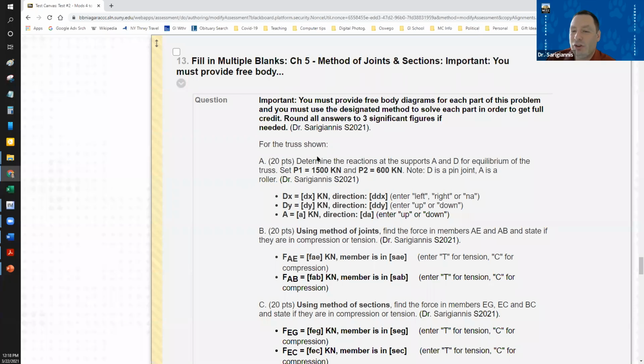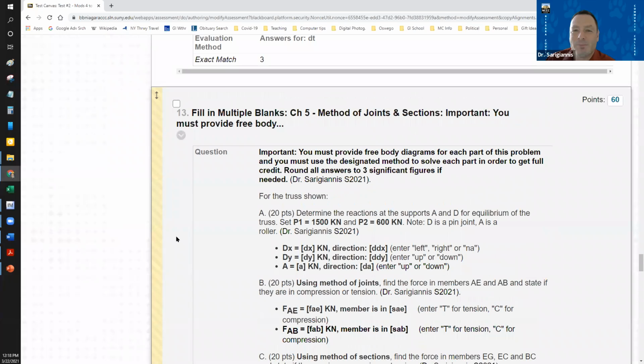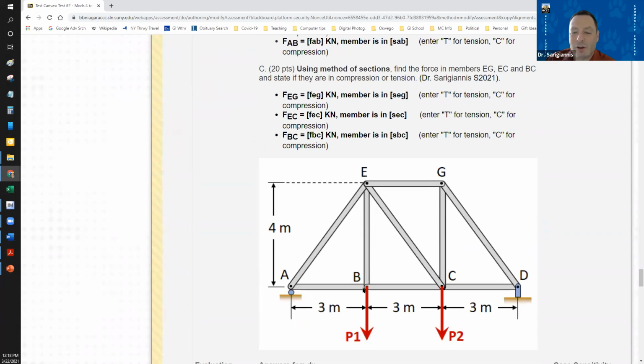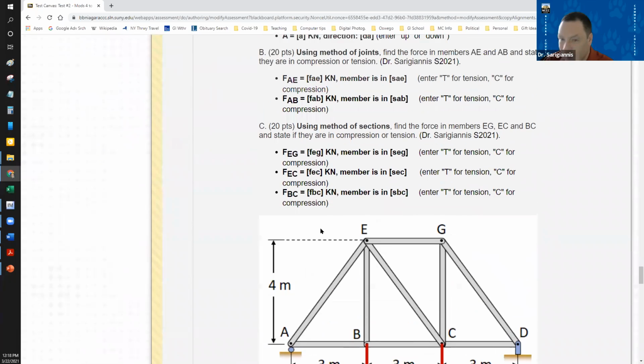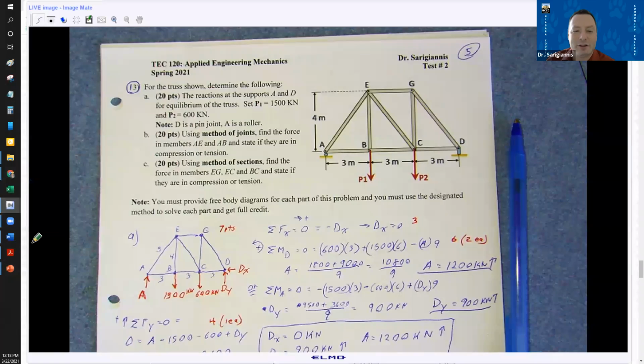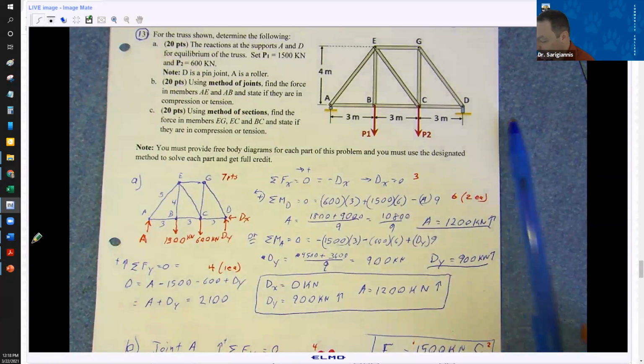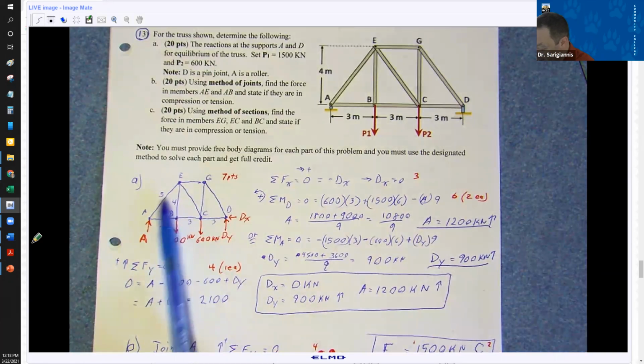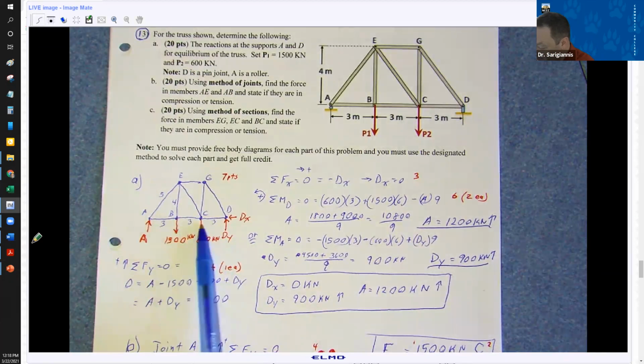So for part A, it was just the standard free body diagram. Determine the reactions of the supports A and D. And I told you what P1 and P2 were. Where's the graphic? Here it is. So P1 and P2, you were given that information: 1,500 and 600 kilonewtons. So that looks like this in the free body diagram, a very, very messy free body diagram, but I've got my lengths in here, right?